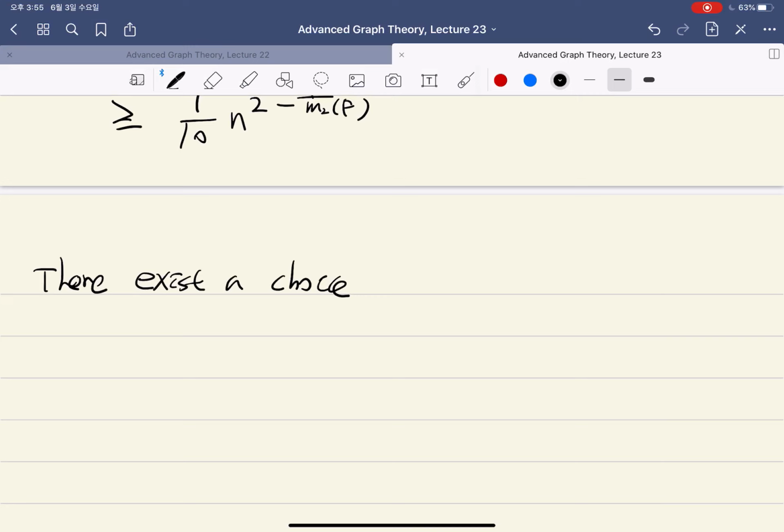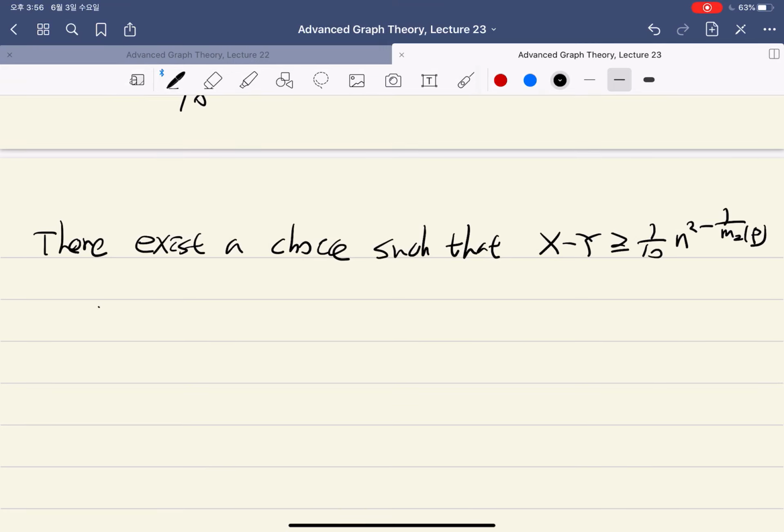So that means there exists a choice such that this X minus Y is at least this constant times n to the 2 minus 1 over m2 of F. For such a graph, you have this graph.